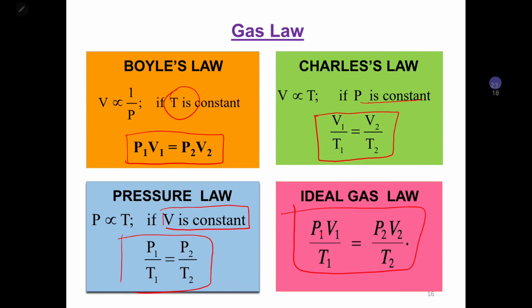Many of you ask me what law you need to use. First, you need to know what is constant in that equation, either temperature, pressure or volume. Once you know that, you can apply the law that is suitable.